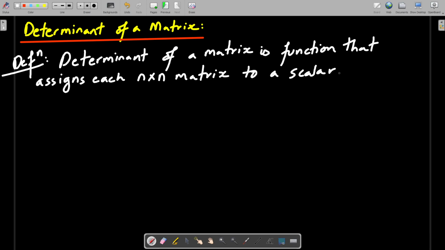Okay, to a scalar. So basically a matrix, you can think of it as a vector or collection of vectors, right? And you're assigning it to a scalar. Okay, so let us see the formula for calculating all this.